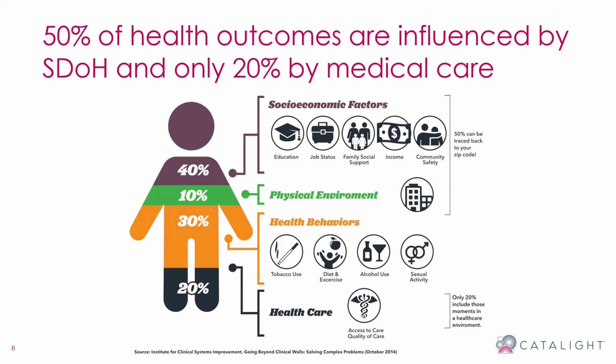The other 80% is influenced by health behaviors. In fact, a whole half, 50%, is influenced by socioeconomic factors and physical environment. This is when we'll make a transition in our talk to social drivers of health, which really influence that 50% of a person's health outcomes.